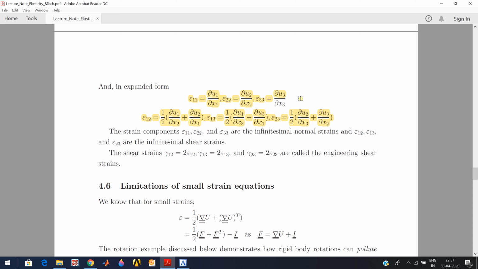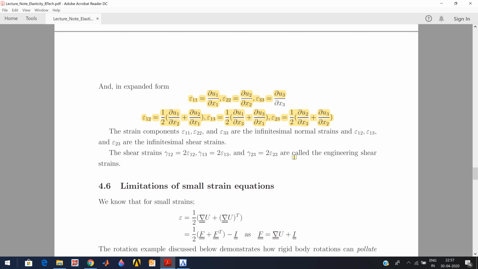For normal strains, they are the same, nothing changes. For the shear strains, the engineering strains gamma are twice the tensorial strains epsilon.